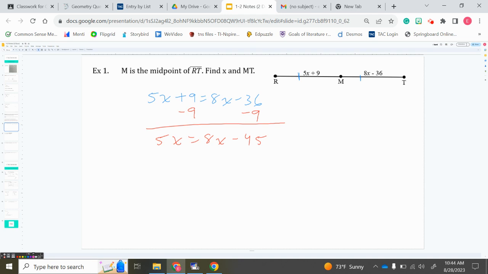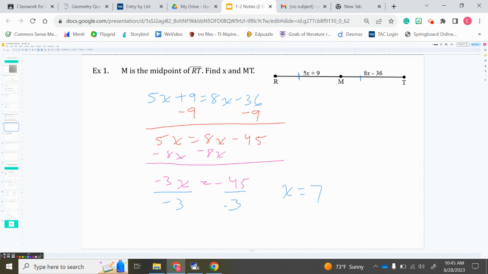So we're going to subtract 8x from each side. That leaves me with negative 3x equals negative 45. Last step, what do I do? Yep, divide both sides by negative 3. So I'm getting x is equal to 7.